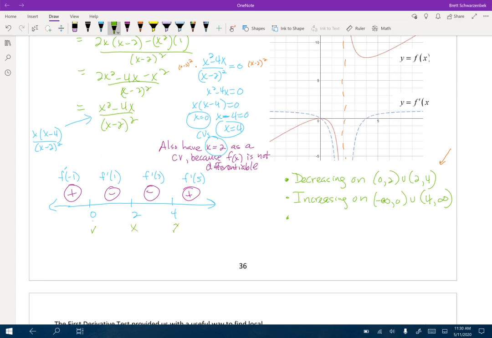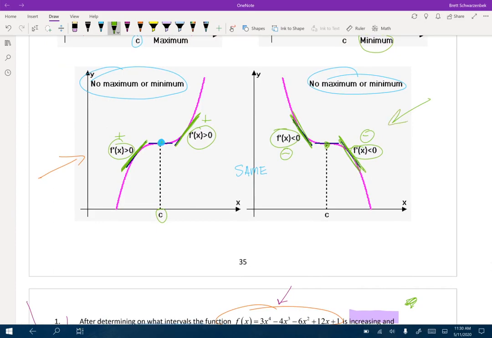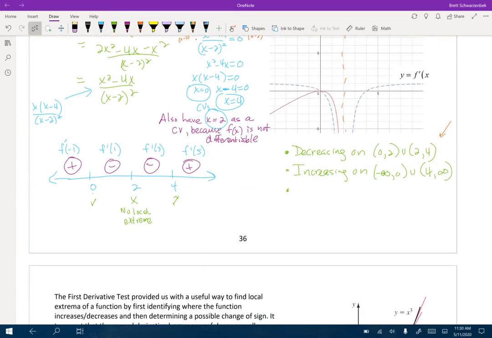So we now know that there is no local extreme value here. That is out. Why? Because it goes negative, negative. We know that it's going to look like this, but that's not of importance to what we're doing. It's just identifying that we don't have to know what that is. So in this problem, there are going to be two local extreme values at 0 and at 4.